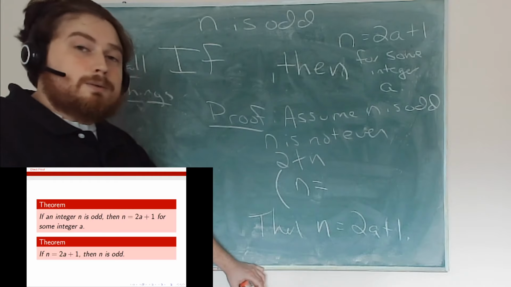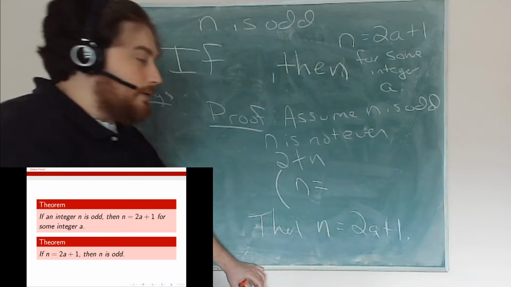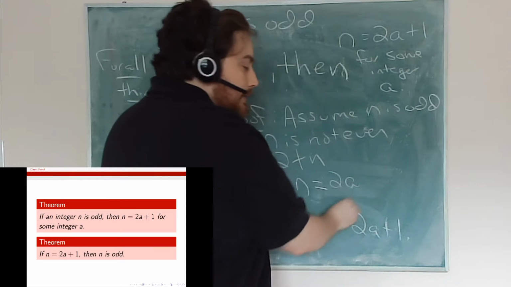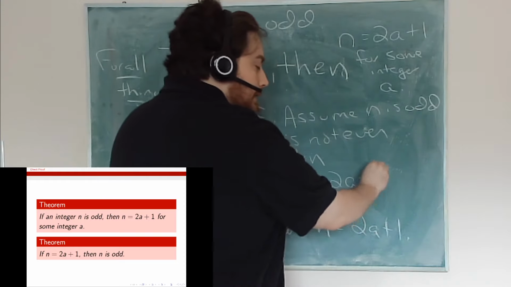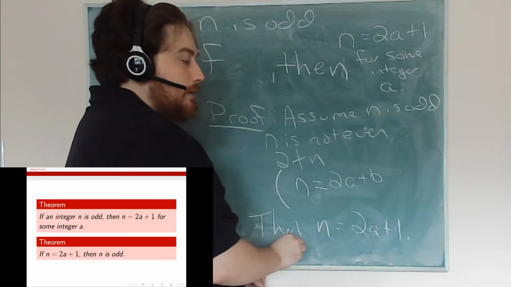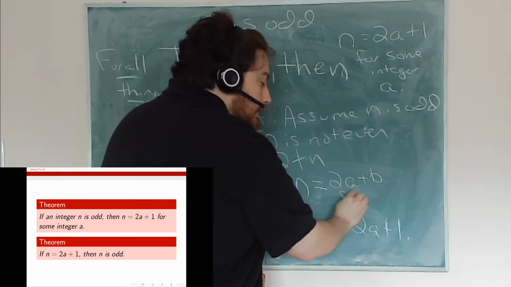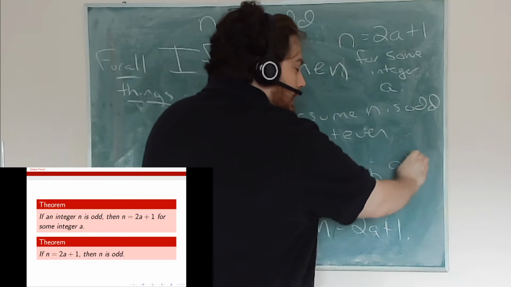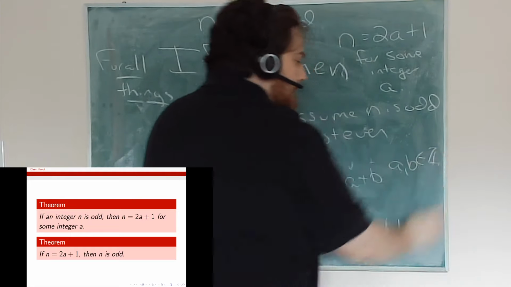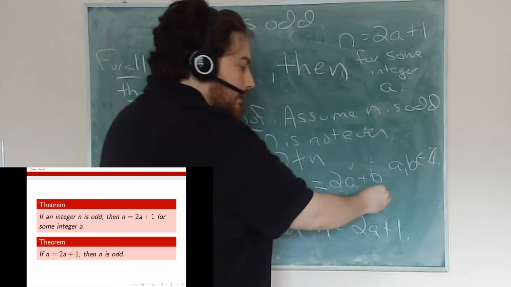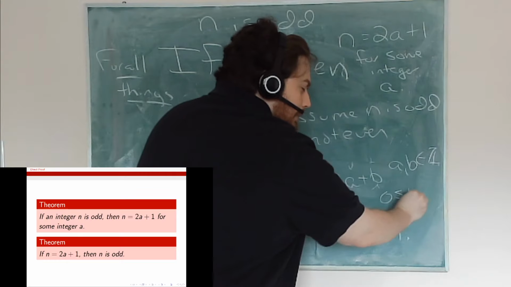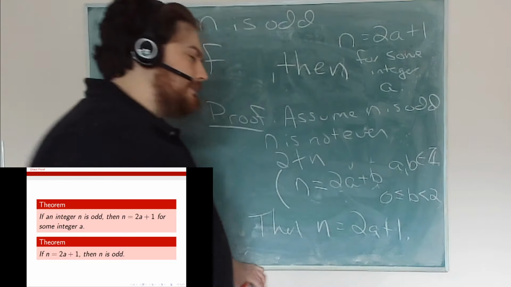Well, what I do know is that by the division algorithm, I can write n is equal to 2 times some integer a plus, let's say b for now, for integers a and b. So I'm just going to say a and b are integers. Furthermore, 0 is less than or equal to b is less than 2.